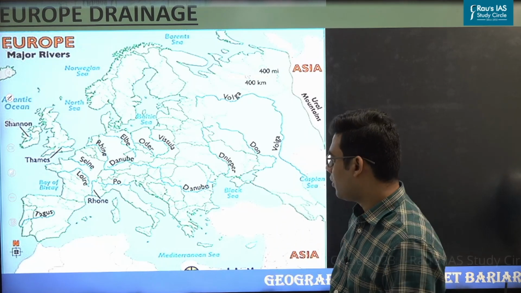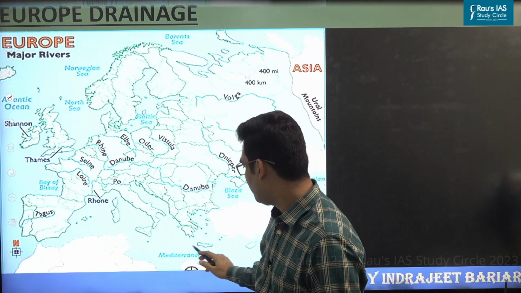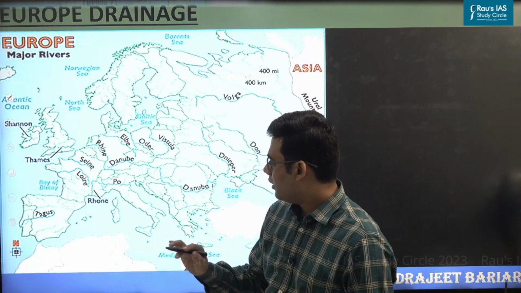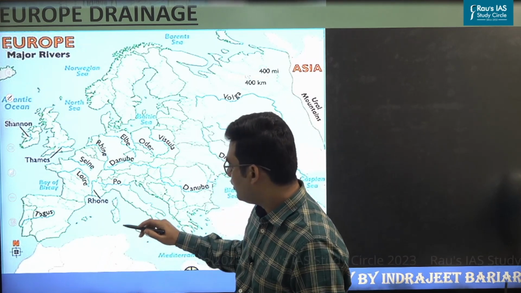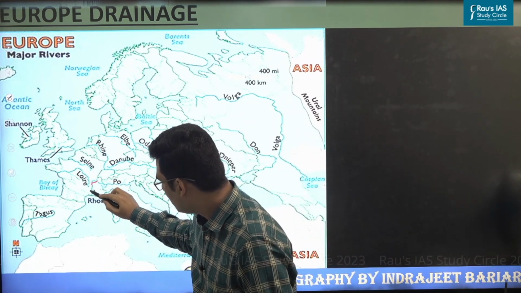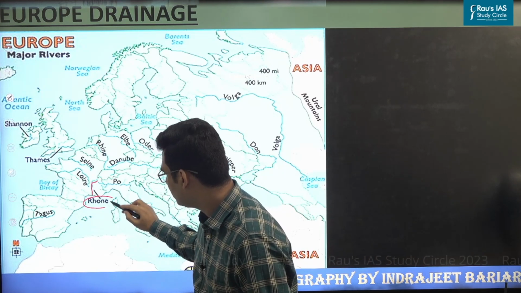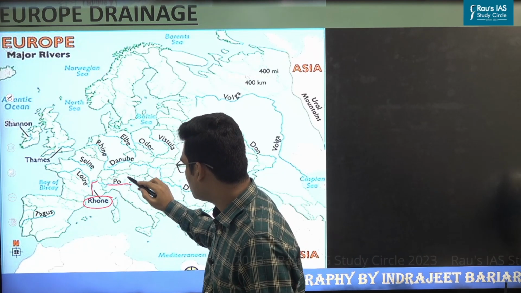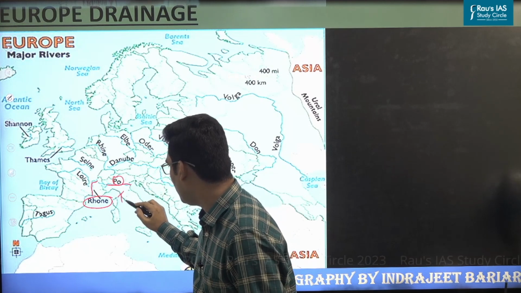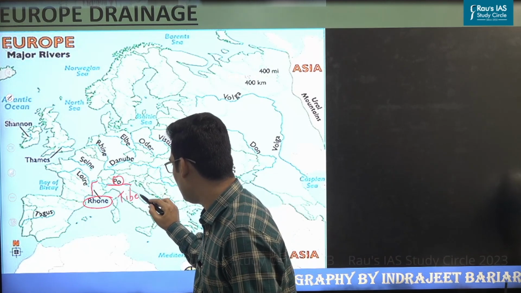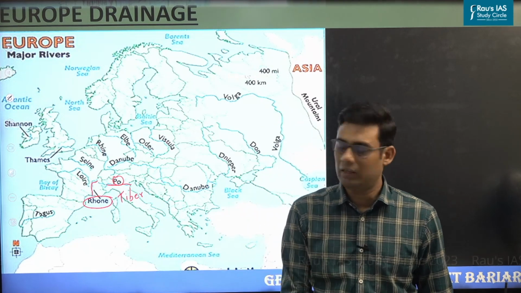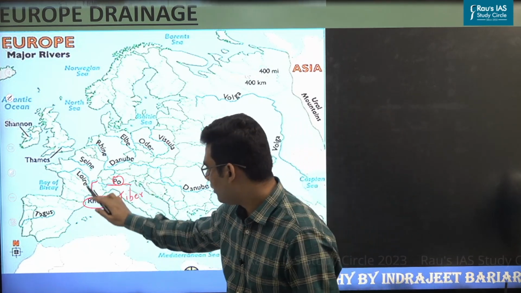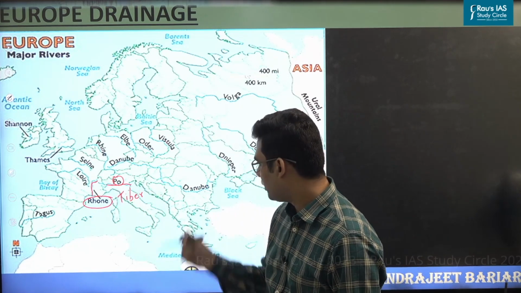The first one, the Mediterranean drainage, includes Rhone and another one, Po. In fact, Po and Tiber both flow in Italy. These are the most important Mediterranean drainage.